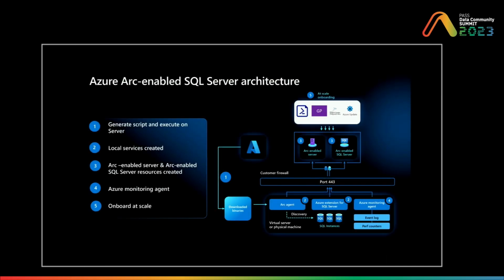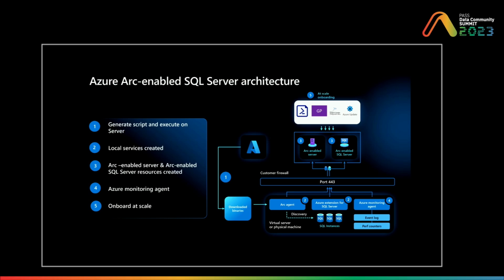So this is a little bit of an architectural diagram. You have your SQL servers running outside of Azure, like on-premises. When you ARC enable, at first we ARC enable the server at the Windows level. It comes with an agent called the guest agent, which will be deployed on your SQL server.